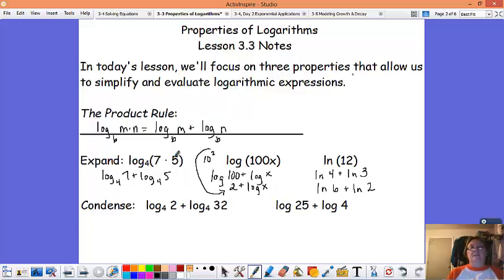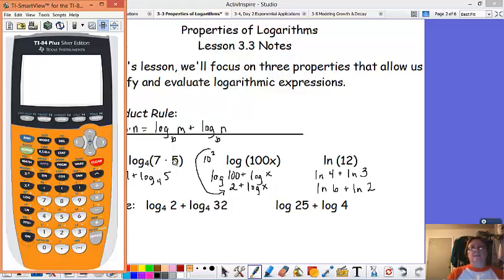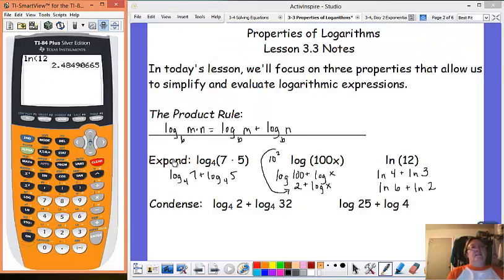And just to prove to you that that is a possibility, I'm going to call my calculator up here again. There's our natural log of 12. And if the work that we did over here is correct, we should be able to ask our calculator to take the natural log of 4 plus the natural log of 3, and it should evaluate to that same 2.48.